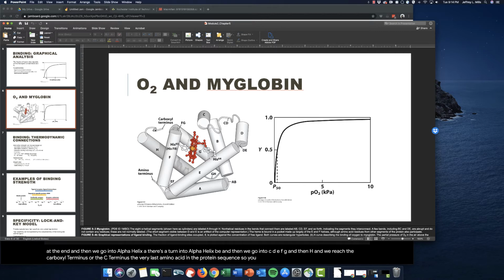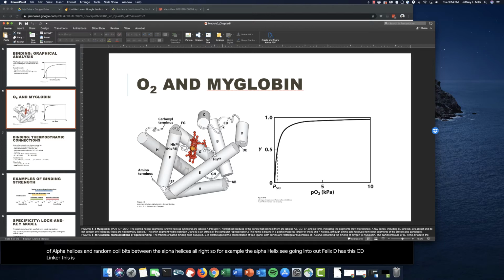So you can see that this structure is comprised entirely of alpha helices and random coil bits between the alpha helices. Right? So for example, the alpha helix C going into alpha helix D has this CD linker.